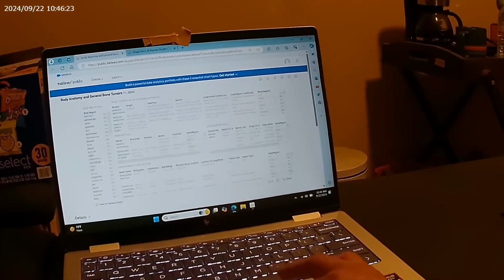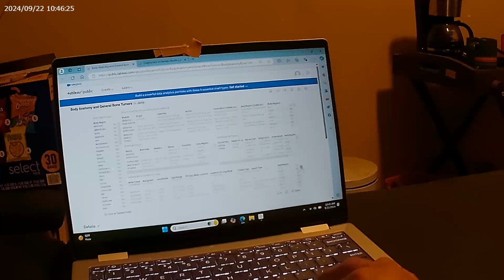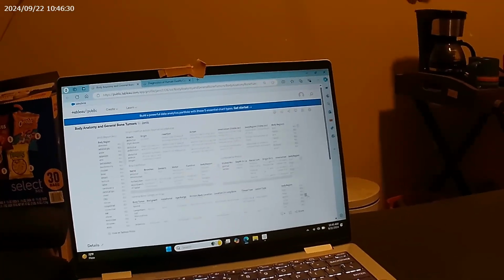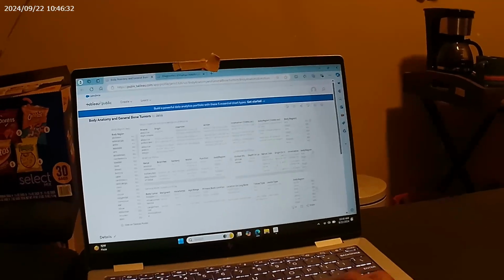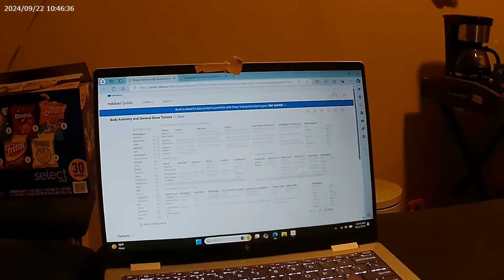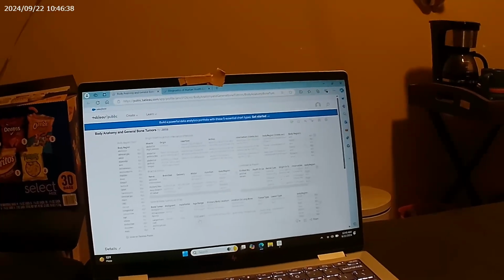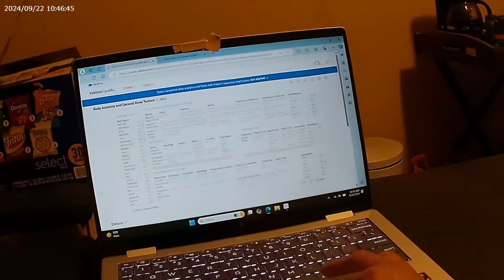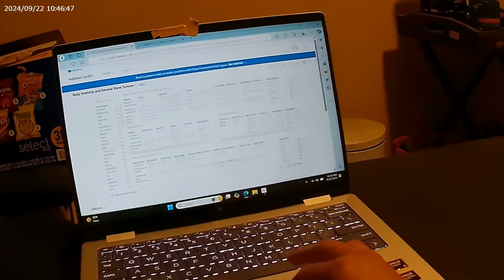And then we got general bone tumors on x-ray, because that's important if you're looking at imaging. If you do happen to get someone who has any of these, you can look at their gender, who it's most often going to affect, if it's malignant or benign, the age range, the primary body location in order, the location on the long bone, if it's the epiphyseal plate or the metaphyseal.